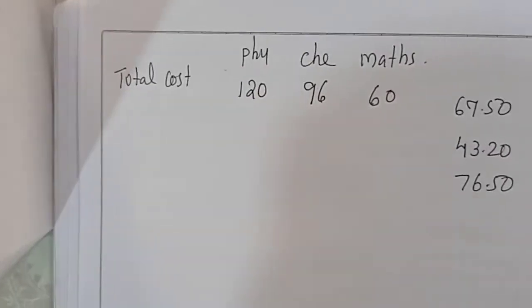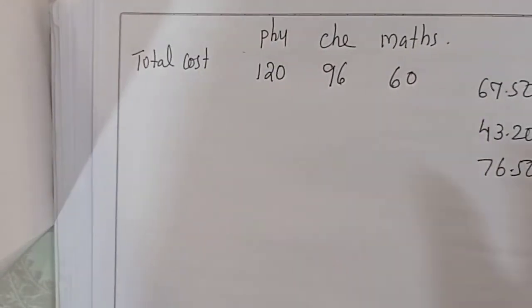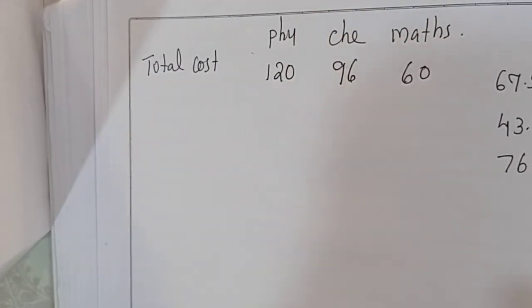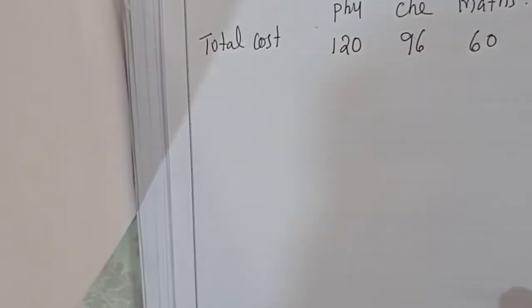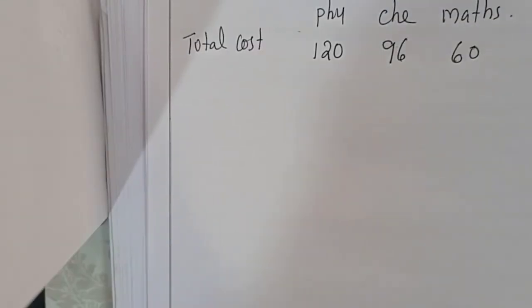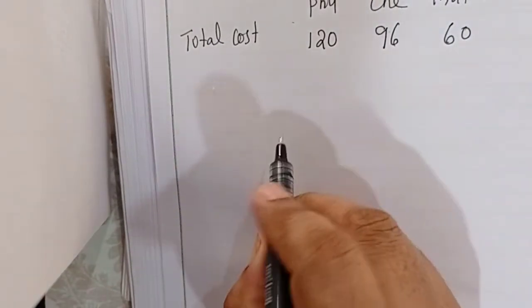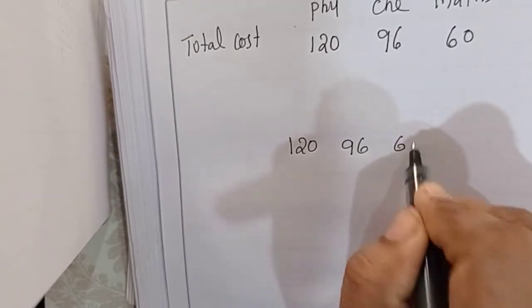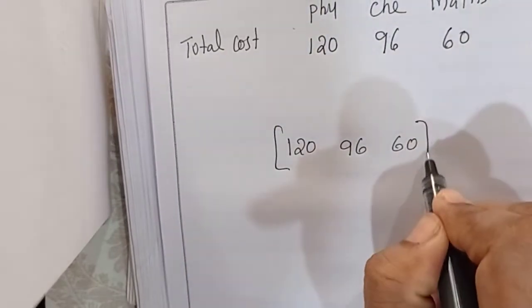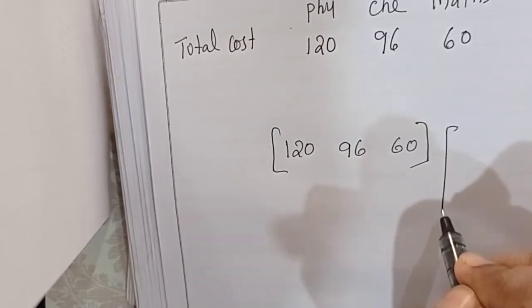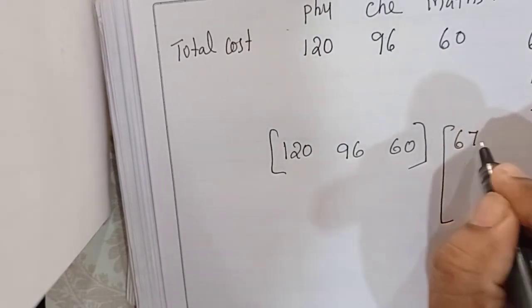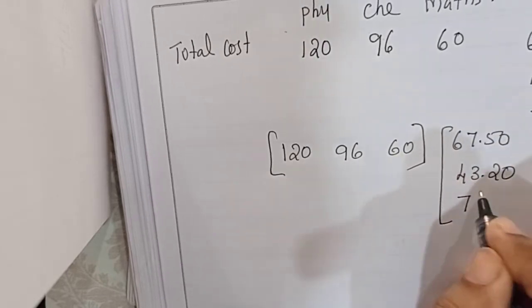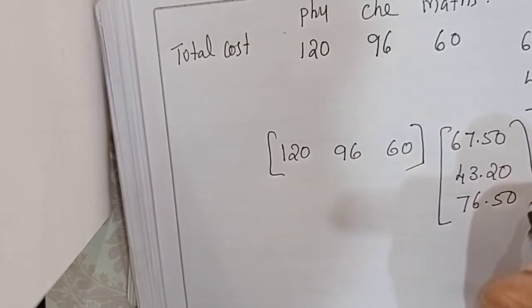Okay. Now, actually, a matrix is only a rectangular array of numbers. Therefore, we can write this question as, our aim is to find the total cost, isn't it? 120, 96, 60. That is the row matrix. And the second one is a column matrix: 67.50, 43.20, 76.50.